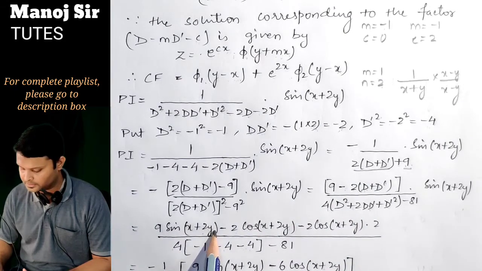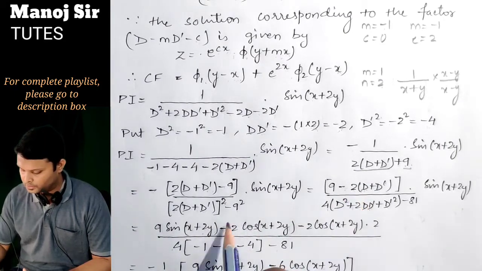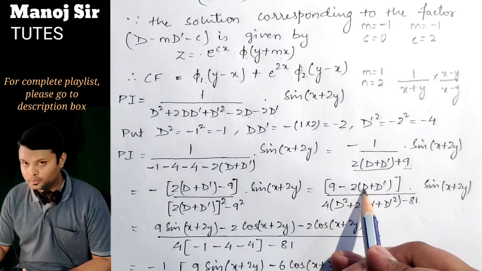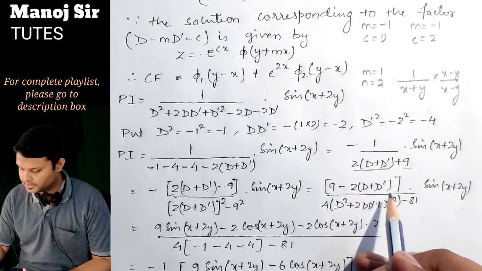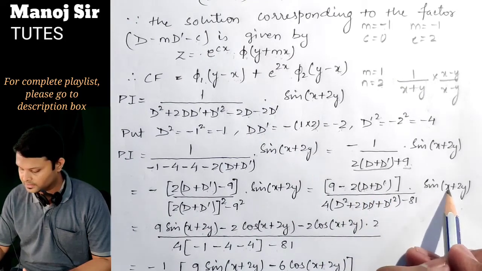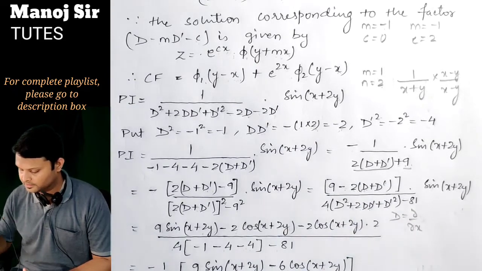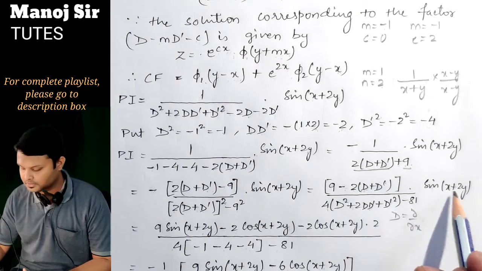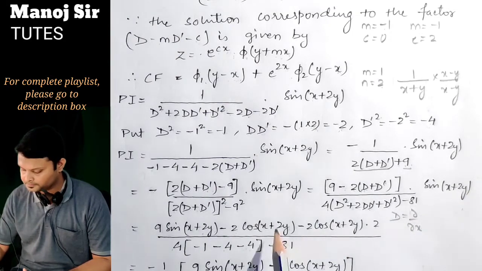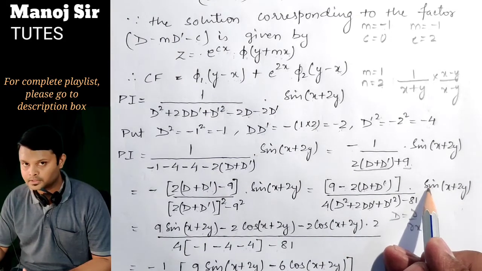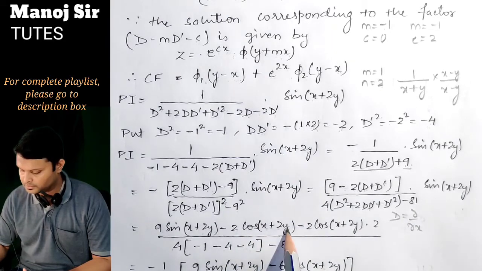Now we open this bracket: 9 into sine of x plus 2y minus 2 into, here we are operating D, differentiation of sine of x plus 2y. What is D? D means del upon del x, it means we are differentiating partially with respect to x. Differentiation of sine is cos, so cos of x plus 2y.